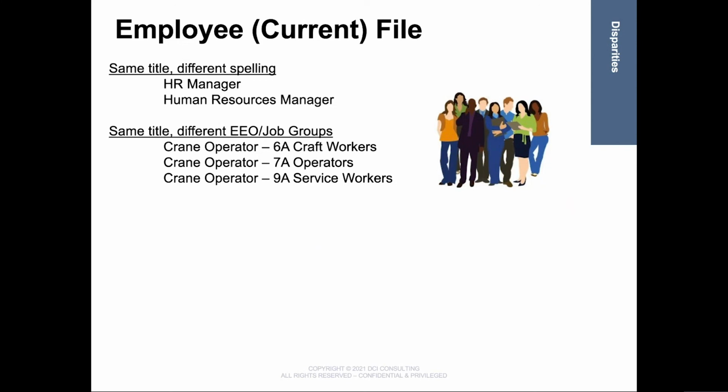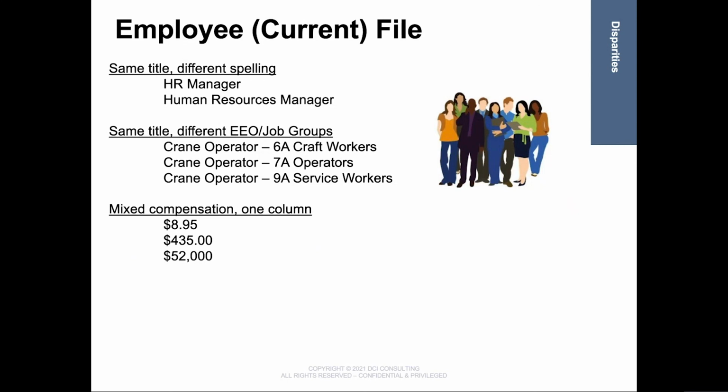So we can see crane operator in 6A craft workers, crane operator in 7A operators, crane operator in 9A service workers. So this is a problem. If we saw something like this, we would simply, again, problem list it and say, can you help us understand this title and help us put it in the correct job group for you.